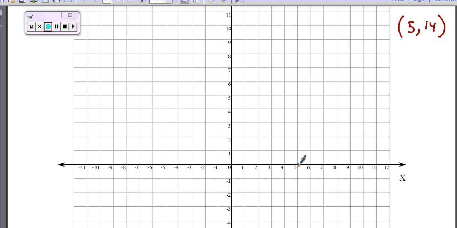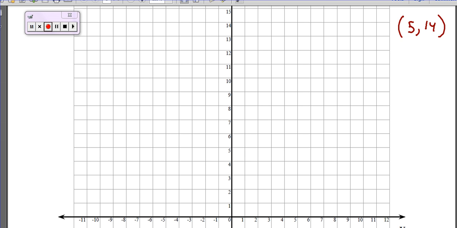Starting at 0, 0, going over to 5, all the way up to 14. There it is. Okay, so we can graph that point that easily.